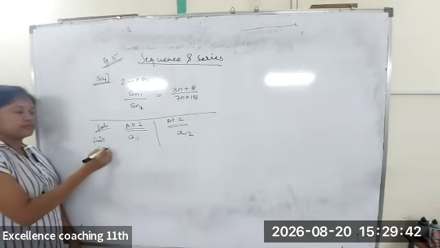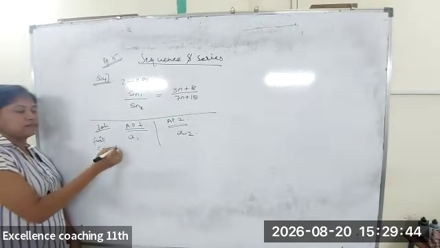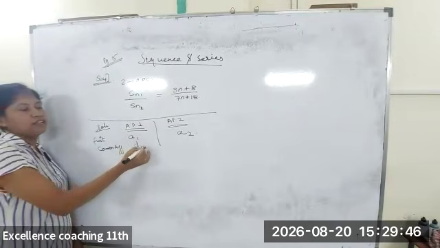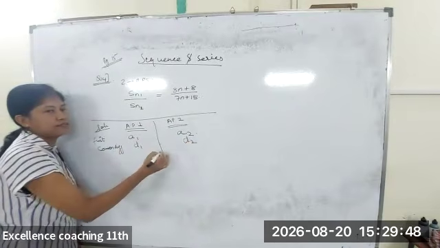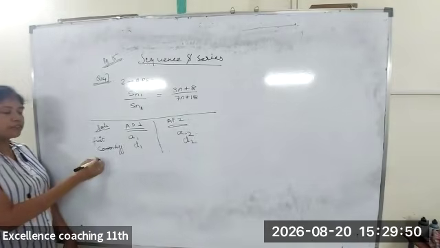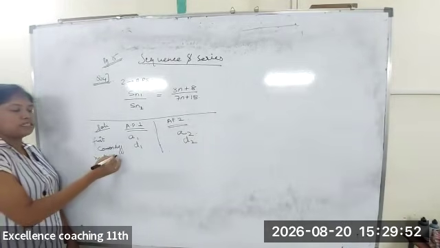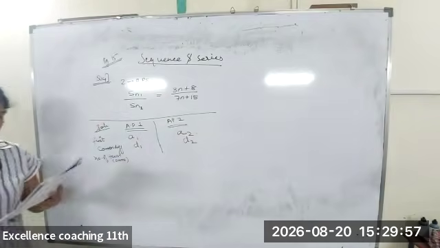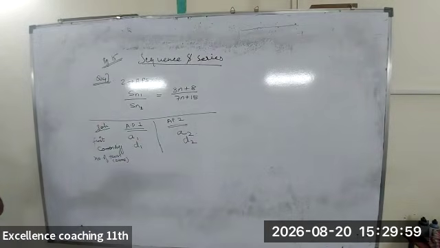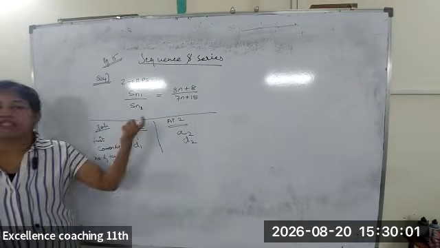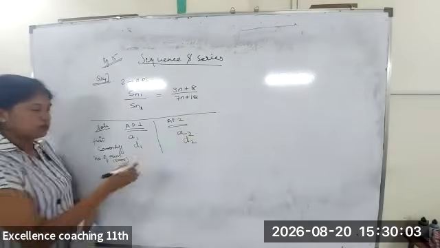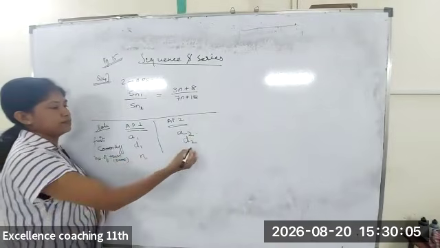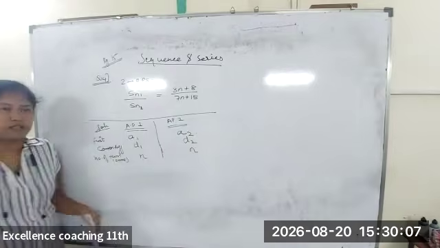Common difference, we'll name this D1, and this D2. And the number of terms are the same because they mention the sum of n terms of the two APs. So if there are 10 terms in this, there will be 10 terms in this also. So n is the same for both of them. Right.